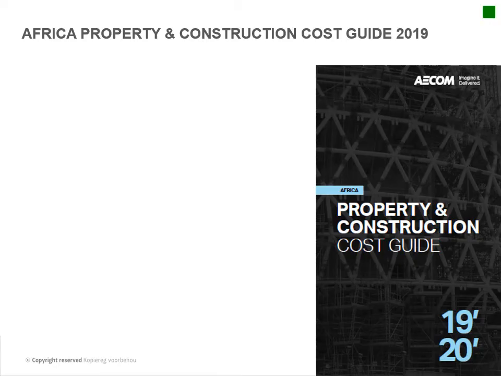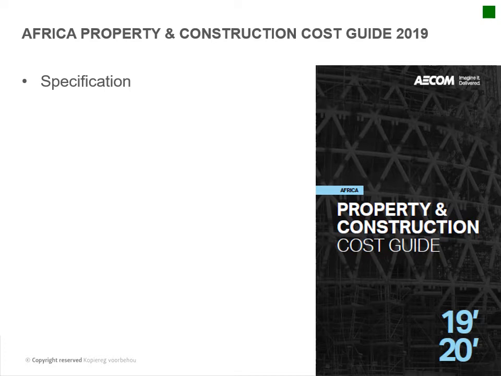Okay, so the first set of examples in your appendix is the property and construction guide. Just note it's the old one, the bluish cover that you will see, and not this black one, but it's exactly the same item. I'm not going to go through all of this, just go through this introduction and make sure that you understand it.